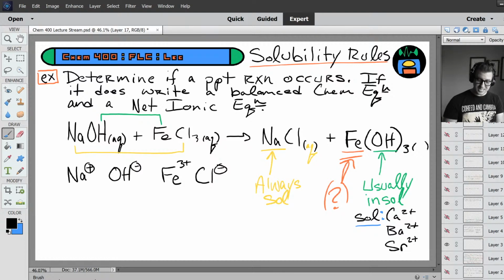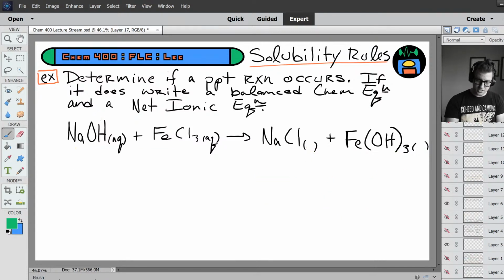One thing you'll notice is that iron 3 is not on this list. So that means that iron 3 hydroxide is a solid, and we do have a precipitate, which means that we will need to balance this chemical equation and, whoops, that's not aqueous, and write the Net Ionic Equation as well.